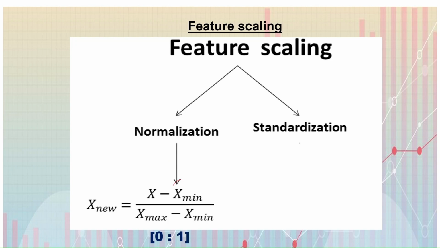Here x min, subtracting the minimum from every single value inside the column and dividing by the difference between x max and x min. So basically every single value is treated this way, and you will end up with new column values which are between 0 and 1.